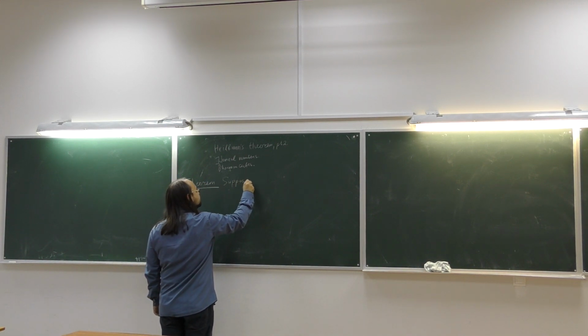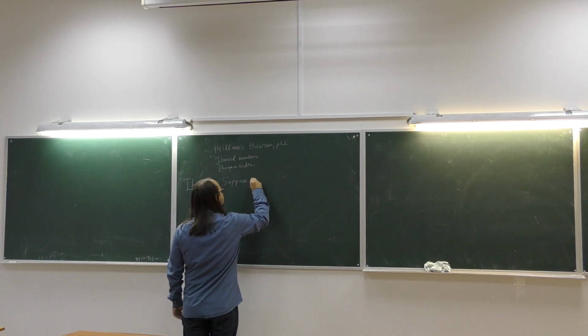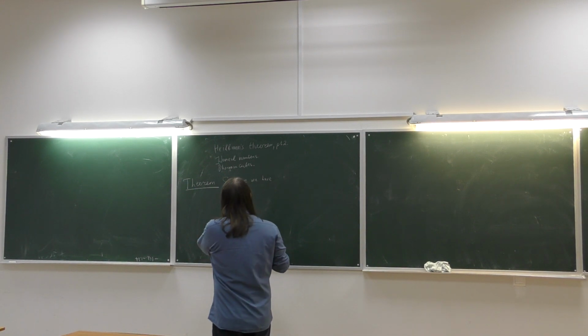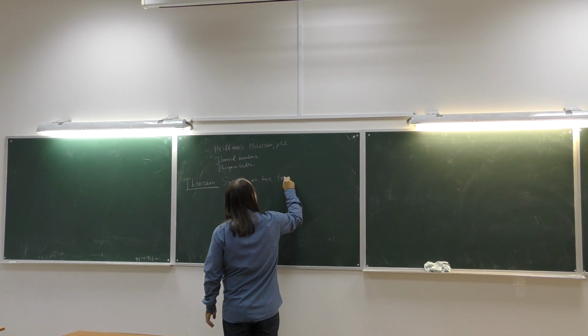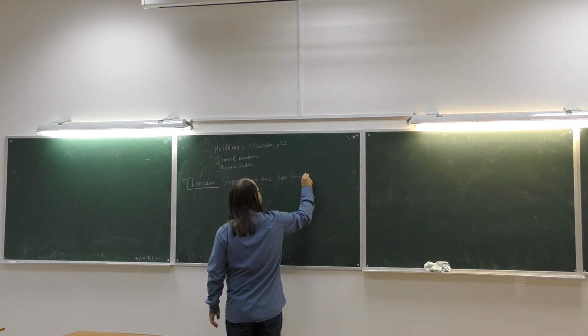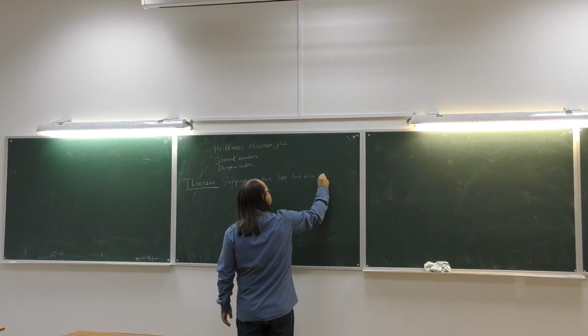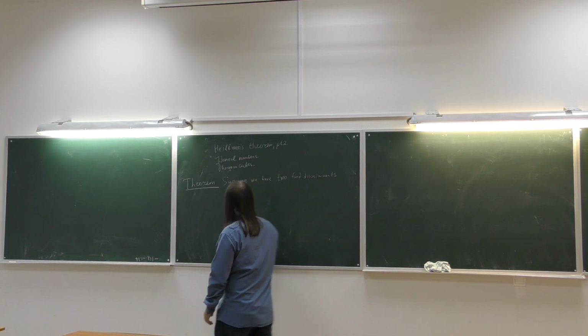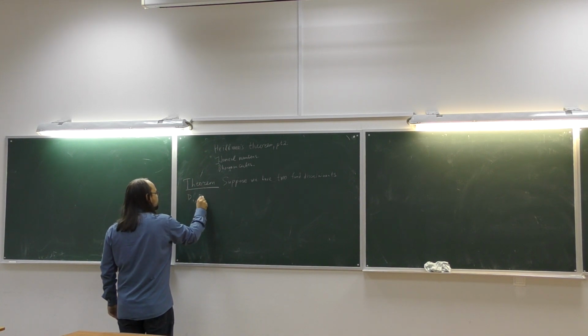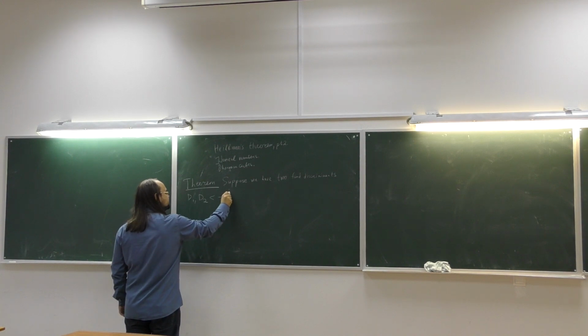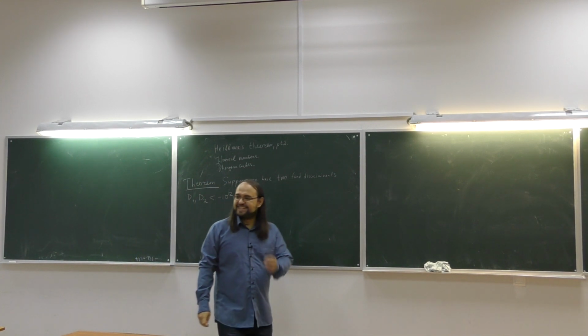Suppose we have Bhargava cubes. Suppose we have two fundamental discriminants d1, d2 less than minus 10 to the 12.